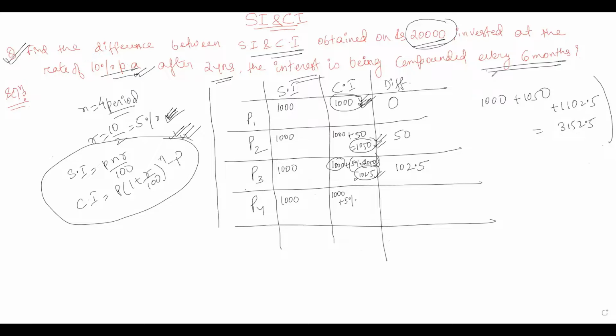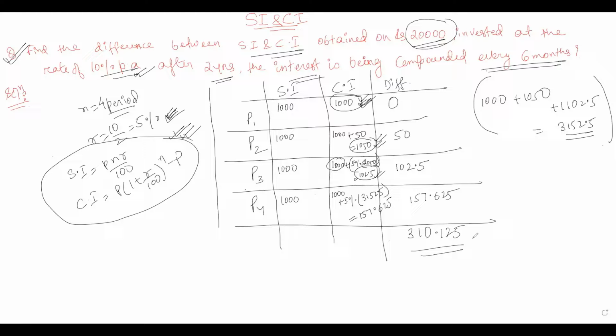So that means there would be an additional 5% interest on this amount. So 5% of 3152.5 would be 157.625. So the difference between SI and CI for the fourth period would be 157.625. Now if you add all these differences, this comes to 310.125.